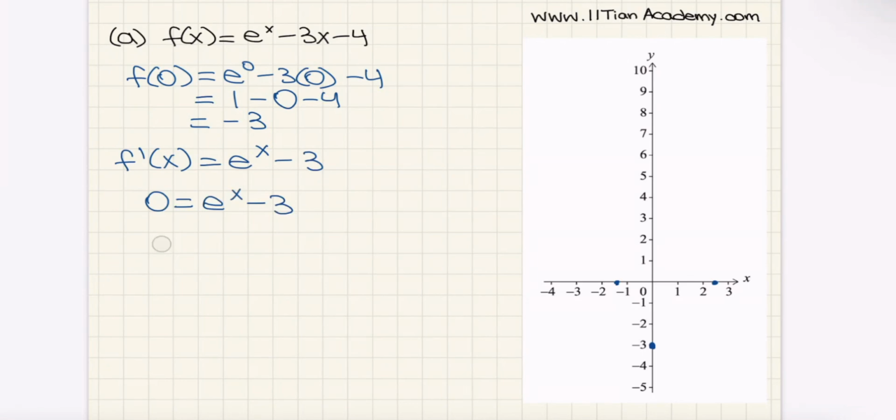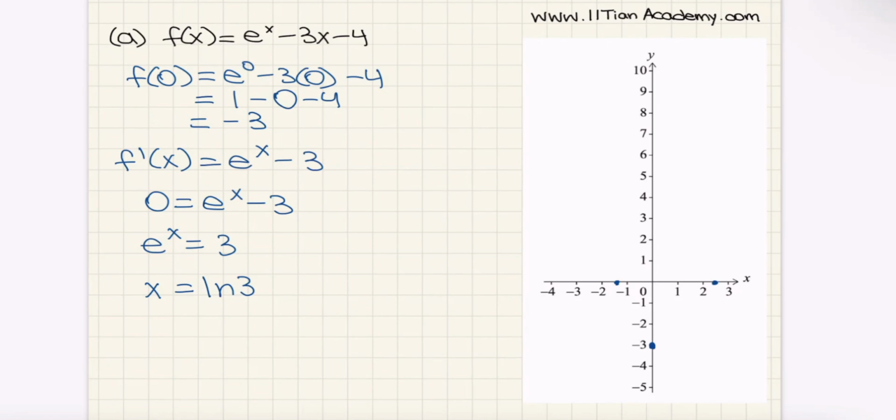So we basically need to figure out approximately where e to the power x would equal 3. Well, to do that, we can ln both sides and get ln of 3. Now, ln of 3 is a number that is between 1 and 2, approximately there. And that's where it's going to be.